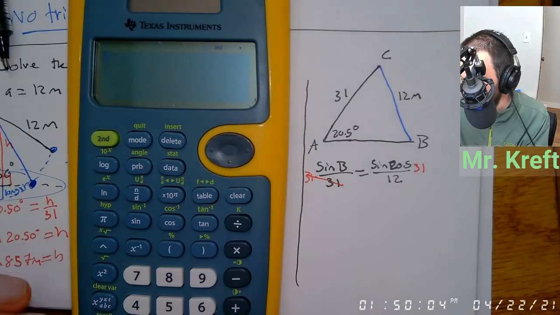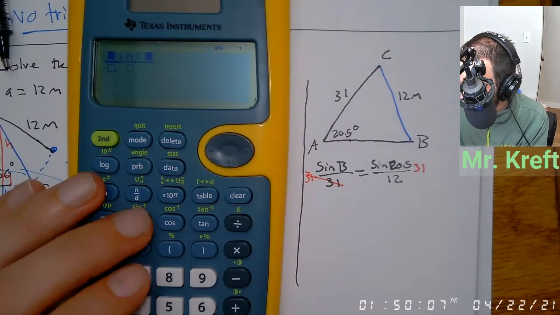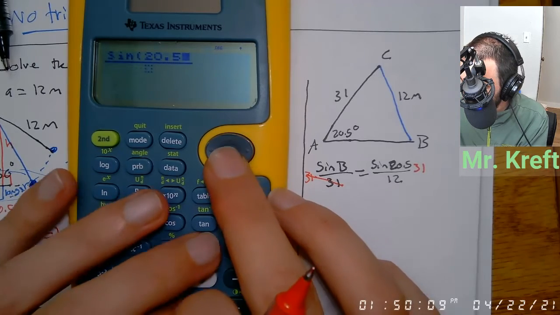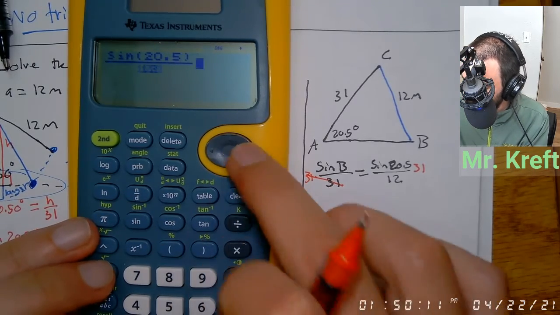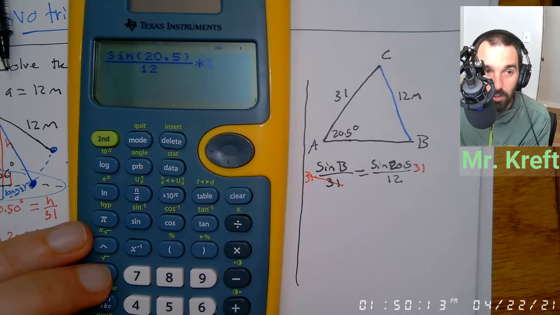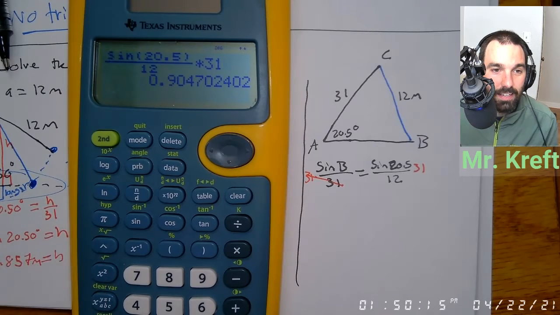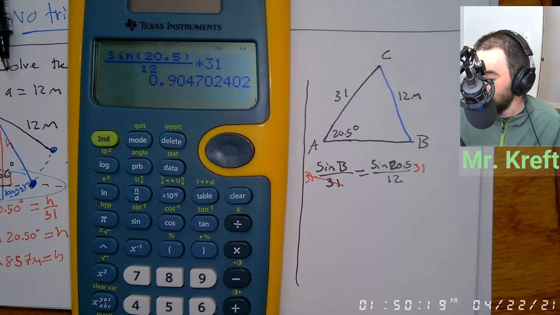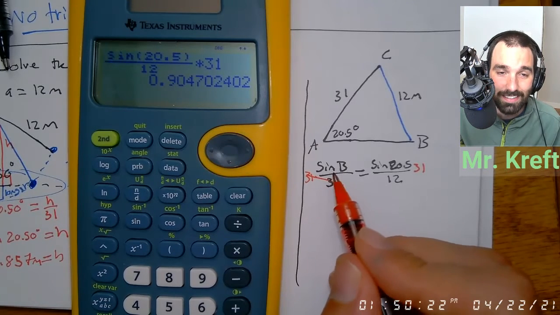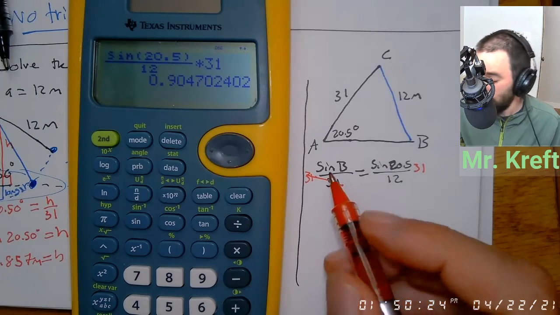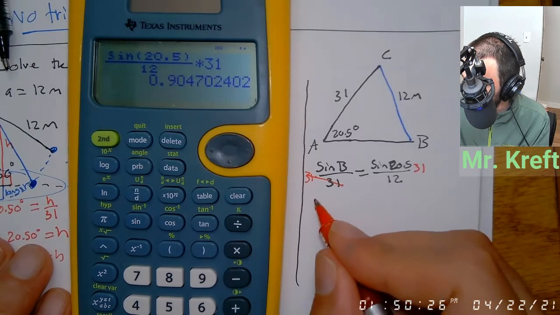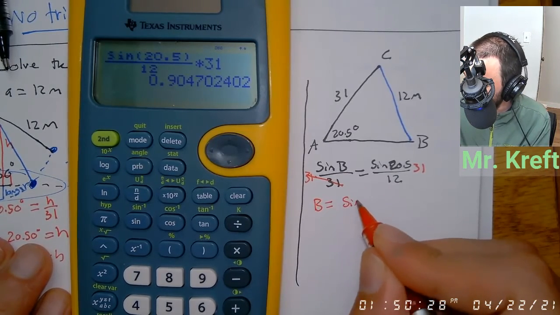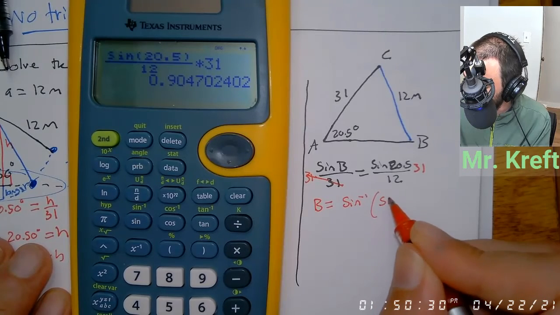Okay, so I get out my trusty calculator here, and I go sine of 20.5 over 12 times 31. And I get 0.9. Now that's not an angle, because remember, that's for sine of B, right? So if I want B, then I have to take sine inverse of all of this.